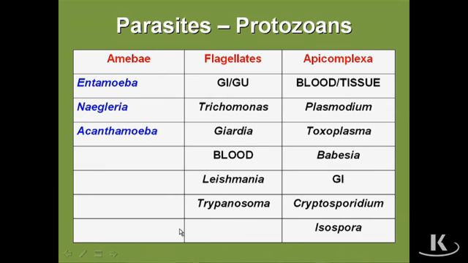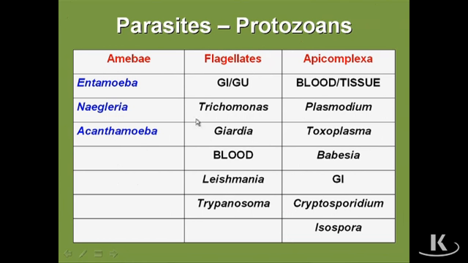Okay, so I'm going to give you a little bit of an overview of the protozoans versus the metazoans, and then we're going to talk about them specifically as we move through the book. We're first going to talk about the flagellates and the amoeba, and some of the important organisms here are Entamoeba, Trichomonas, and Giardia.